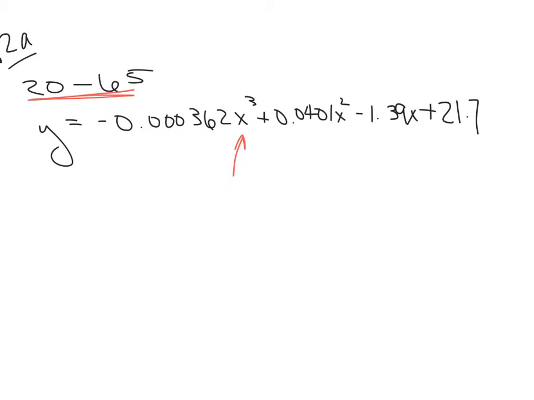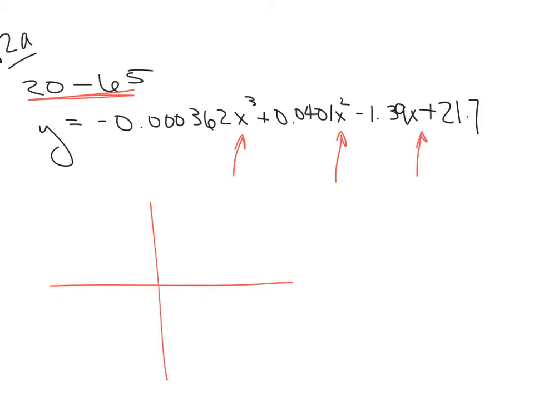So if we decide we want to find out how many Americans are 20 years old and working full-time, we put 20 in there and solve it. If we want to find out how many Americans are working that are 65, we put 65 in there. So to graph that, we use x values from 20 to 65 and then find our y values. And we've got our graph.